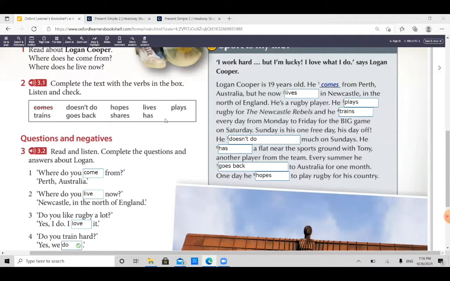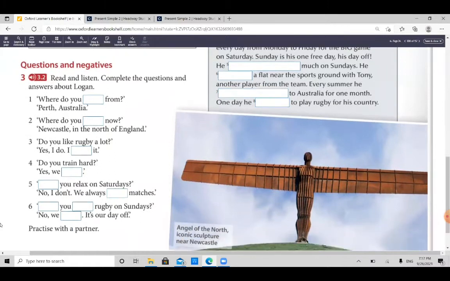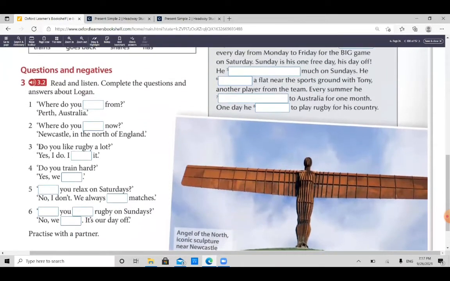So I will give you a minute, please, to complete these questions. Read and listen, complete the questions and answer about Logan. Now you need to fill in here the missing words. They are very easy. Just have a look for a minute, please, quickly.